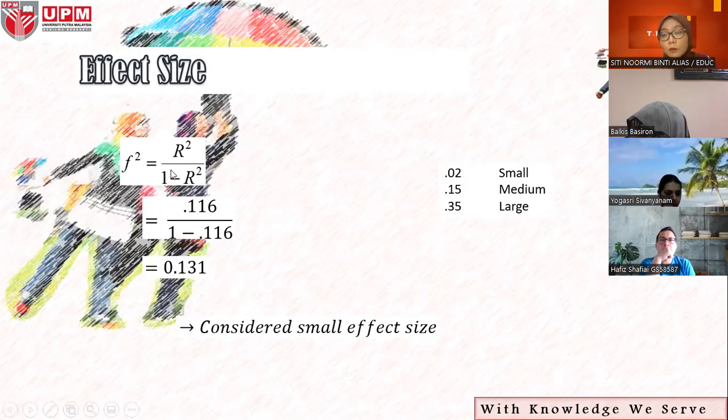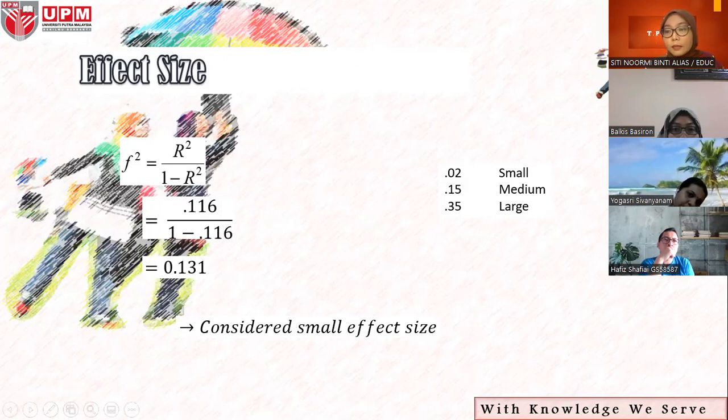So this is the calculation for effect size. Effect size equals coefficient of determination divided by 1 minus coefficient of determination. So we plug in the value: coefficient of determination equals 0.116. So 0.116 divided by 1 minus 0.116. So the result is 0.131. So by referring to Cohen, saya tak ingat lah ni daripada mana sumber ni, nanti saya cari balik.